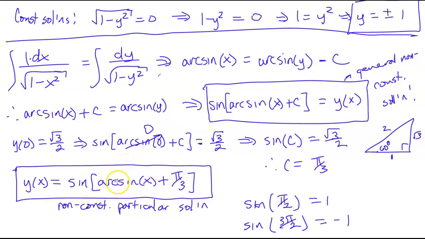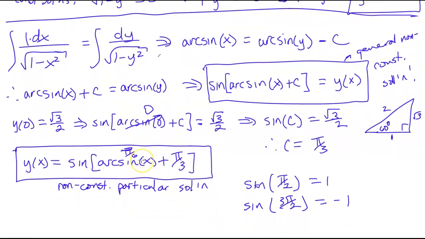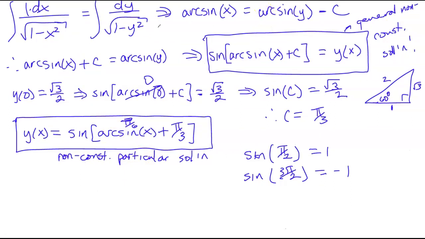So here, if I was able to find out what x value here would go along with this to where I had pi over 6, I could actually figure out the corresponding x value for that. Okay. And so it turns out here that we could actually figure out what those y values are. I'm sorry, what those x values are. And they turn out to end up being 1/2 and negative 1/2. Okay. And I want to show that right quick before we move on to the next example.